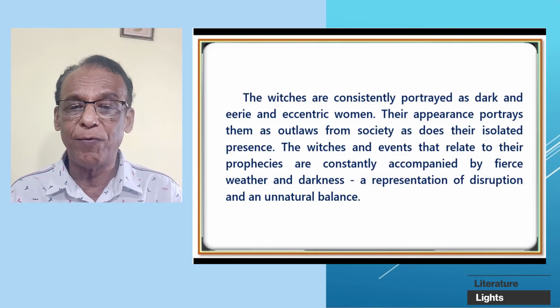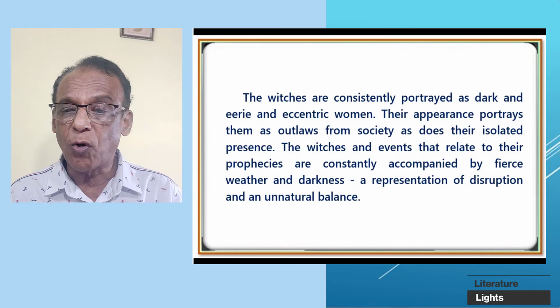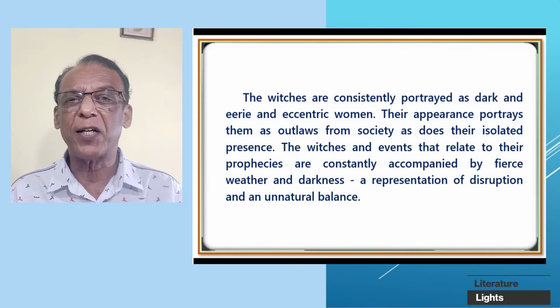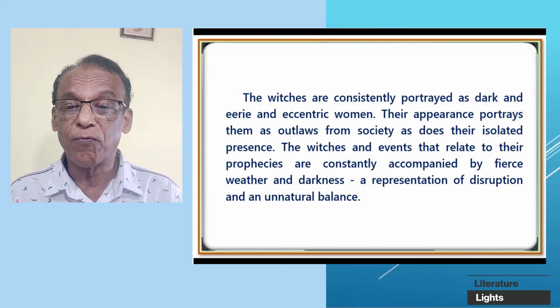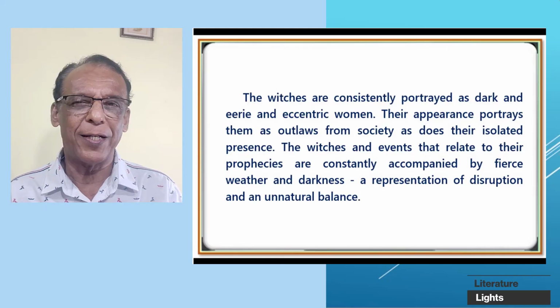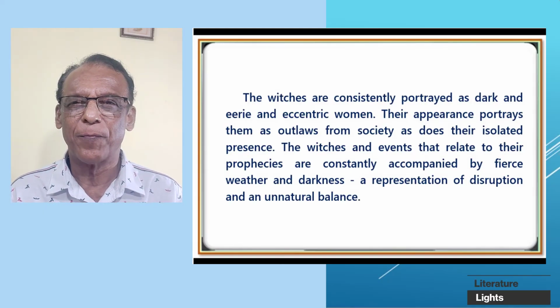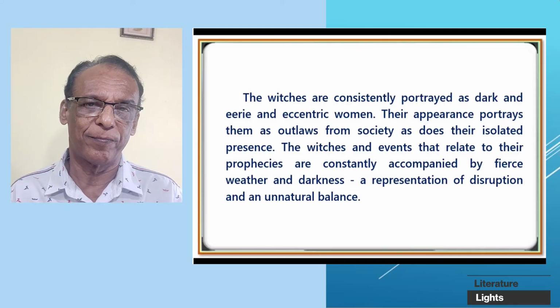The witches and events that relate to their prophecies are constantly accompanied by fierce weather and darkness, a representation of disruption. That is, everything is unsettled, everything is in disorder, and an unnatural balance.